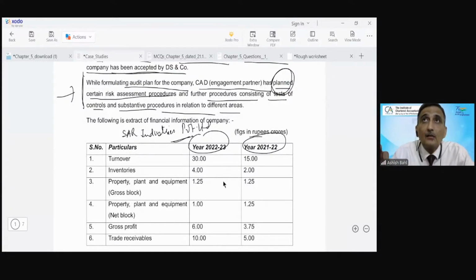Here also keep a tab on the words used. This is an extract of financial information of the company. It is not a balance sheet as such. The situation is telling you that certain financial data which has been taken from the financial statements of the company is being reproduced. Clear? And figures are in rupees crores.